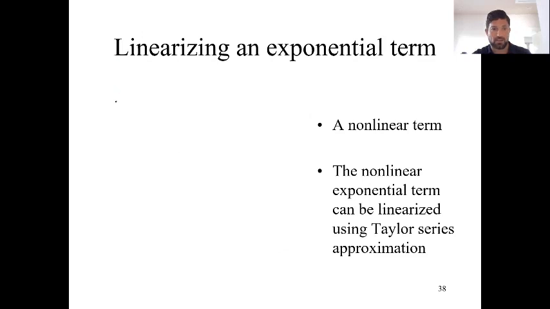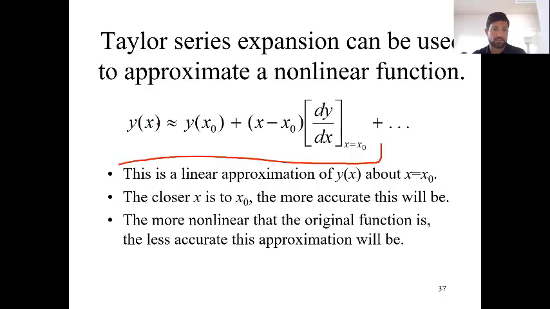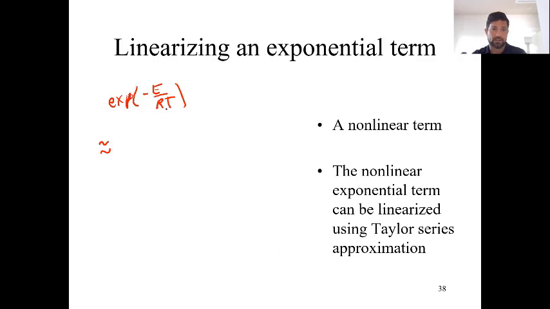So an example of a nonlinear term could be an exponential, so exp of negative e over rt. This is like a reaction rate term. If we want to take a Taylor series approximation for this term, what I do is evaluate this term at the initial condition, where I'm taking the Taylor series around.